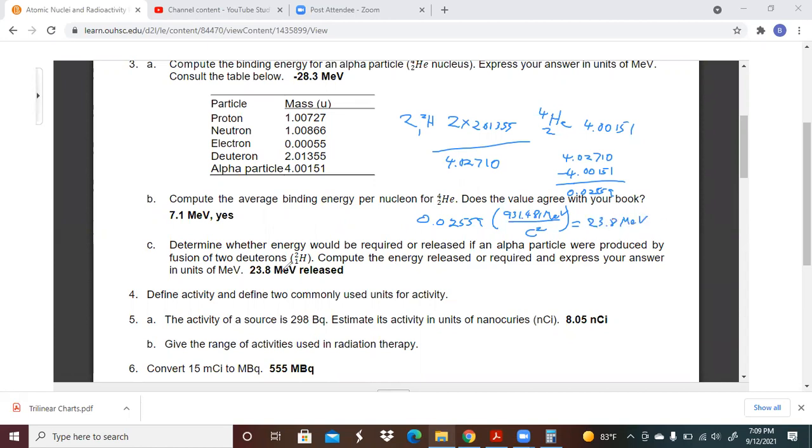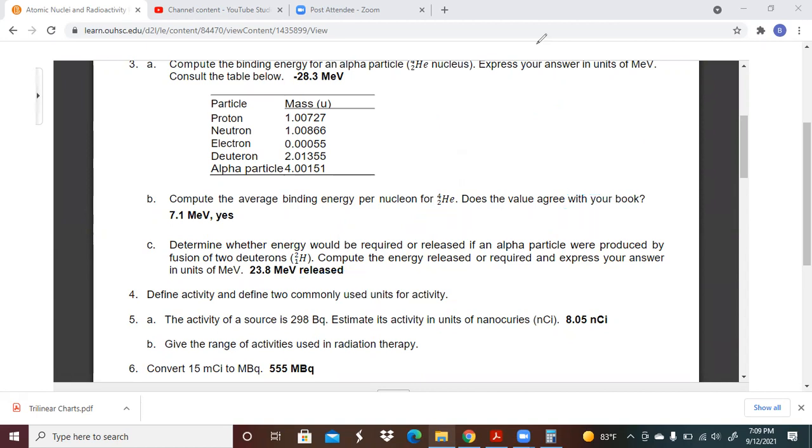That's how much is released. That matches what we've had there. So very good.